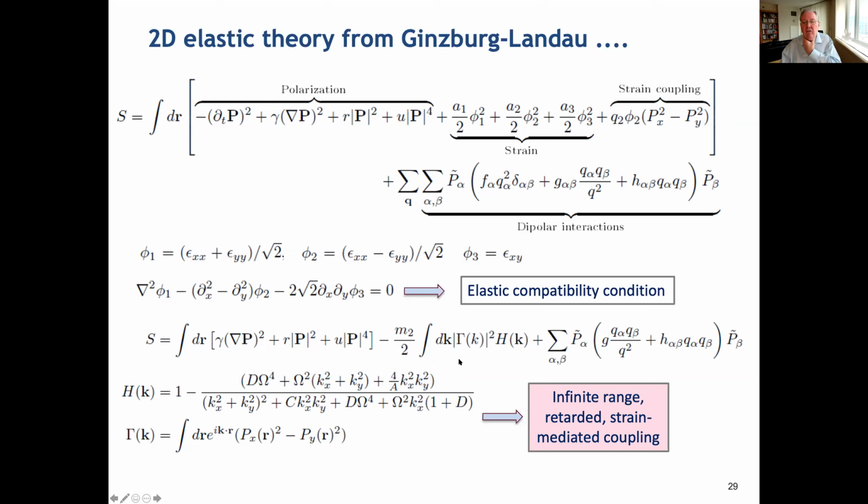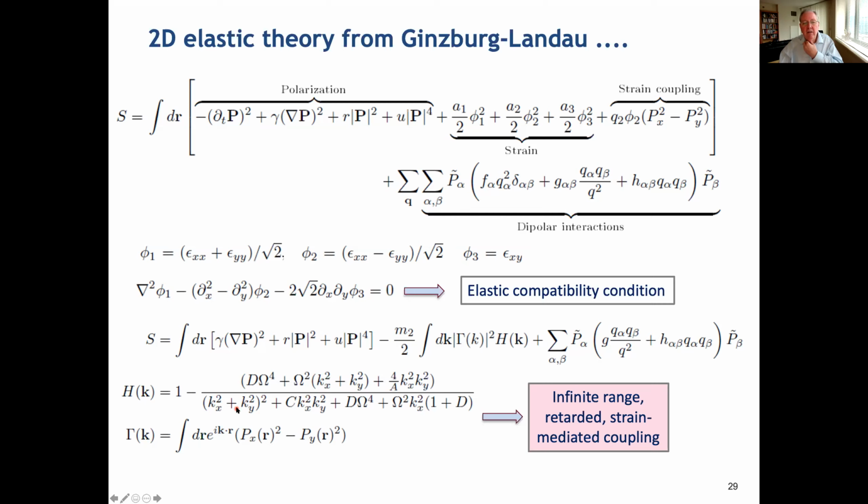So this is the new generated term. These are the original ones. Which is not easy to write in real space, so I've written it again in Fourier space. So gamma of k is the Fourier transform of the p squareds. And h of k is the kernel.